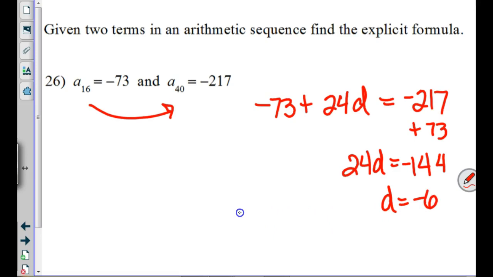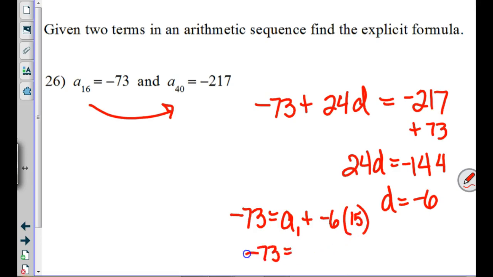Okay, so the 16th term was the first term plus the difference how many times? 15 times. So this would be negative 73 equals the first term plus negative 90, I think. If I add 90 over there, what do I get, guys?